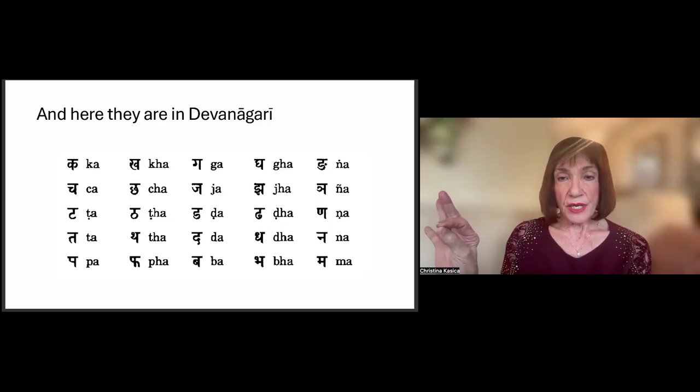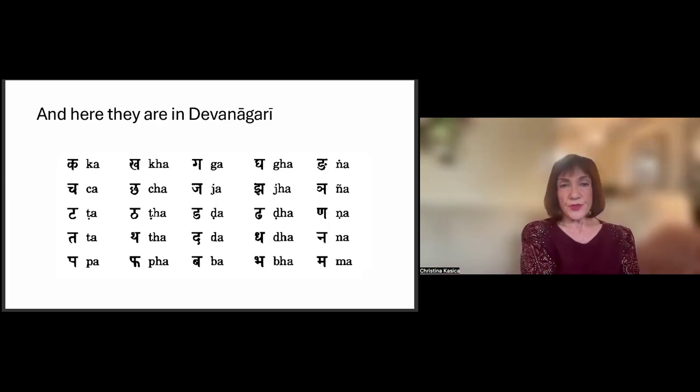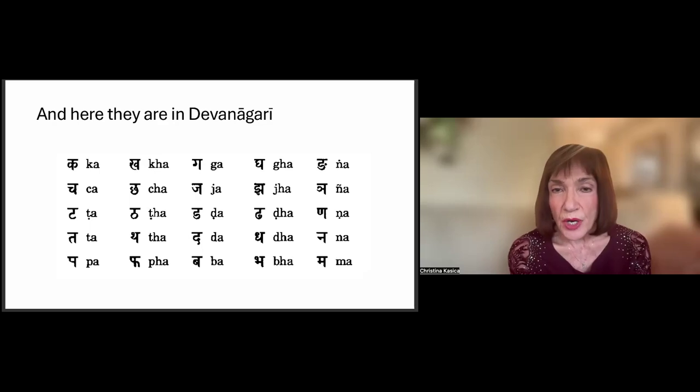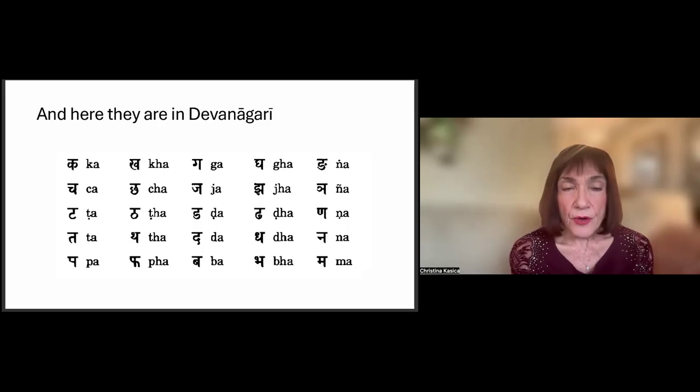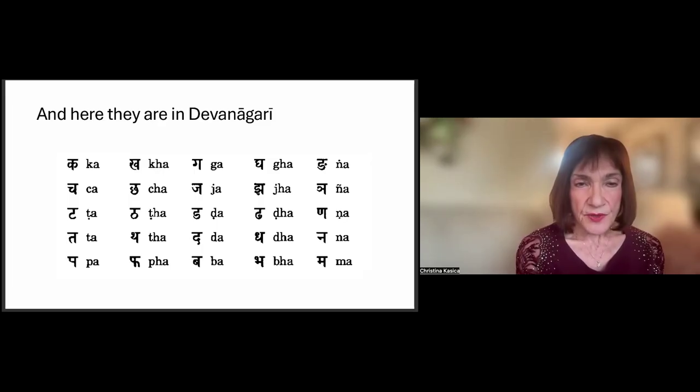I think it's 3 of these letters. Can anybody tell me which vargas the broken sutras are in? The 4th varga. The 4th varga has 2. This slide is a little blurry, but it has two in the fourth varga. Which ones? Ta, da. Okay.